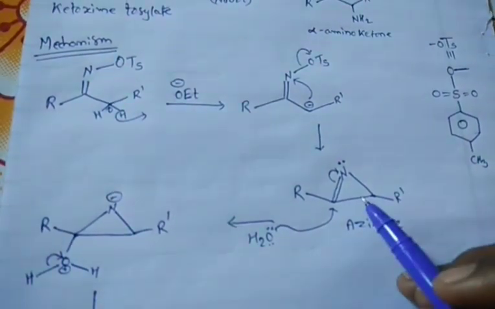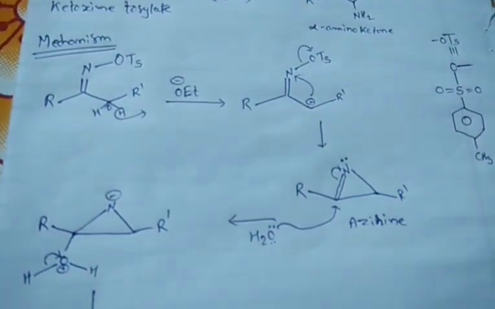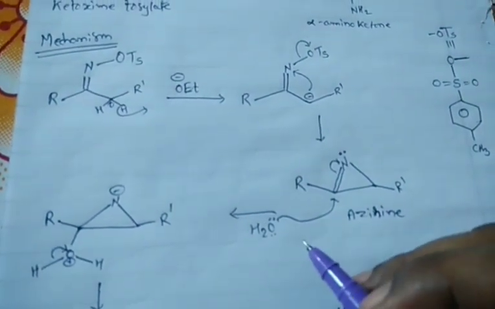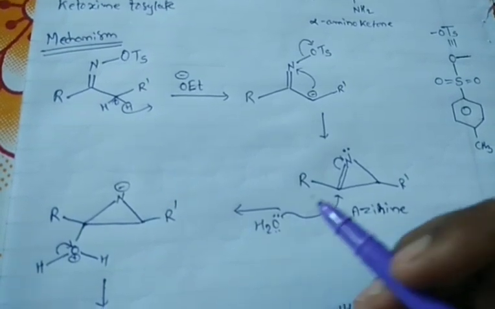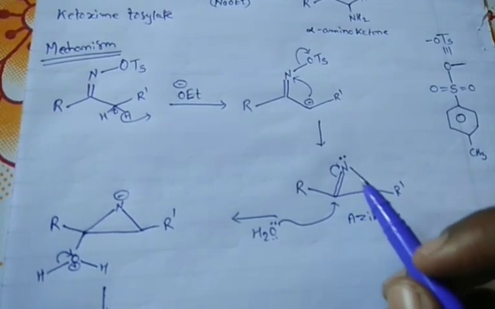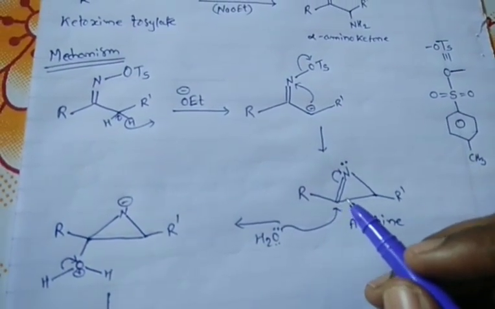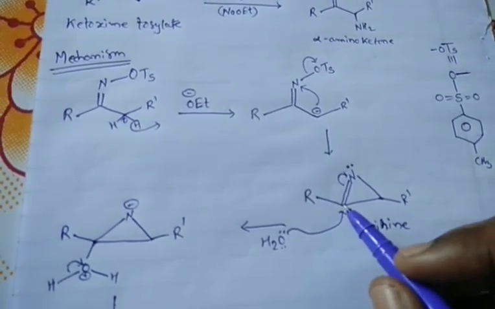Now this azirine can be isolated in the reaction. After the preparation of this azirine intermediate, the attack of water takes place. This water now acts as a nucleophile, and it will attack an electrophilic center. In this azirine, this carbon is more electrophilic in nature, so it will attack this position.